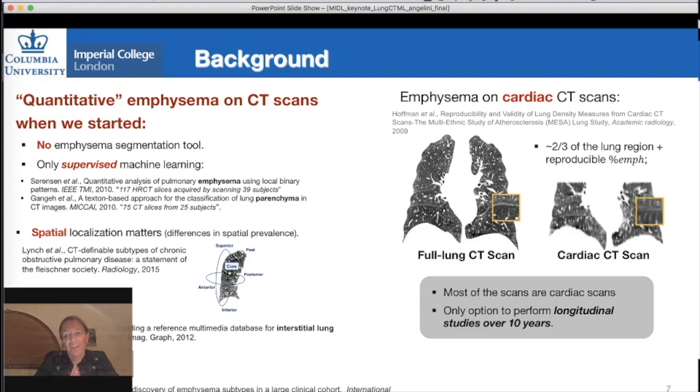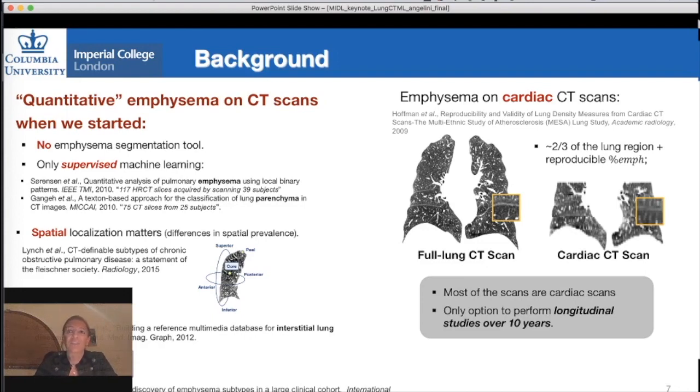On the other hand, we also had to think ahead about using cardiac CT scans to look at the lung, which might sound like a crazy idea, but not to the clinicians who already had a paper published in Academic Radiology claiming that you could look at emphysema at population level with very good accuracy on cardiac CT scans, even though you have degraded resolution and you could see only 2/3 of the lung region.